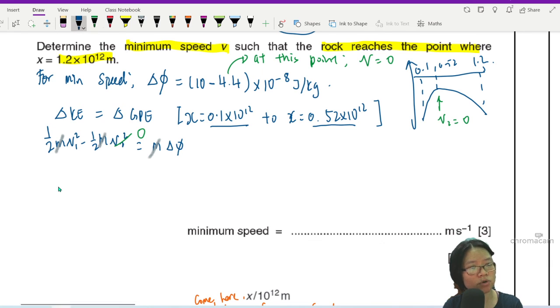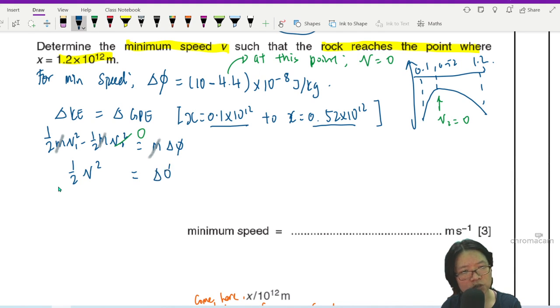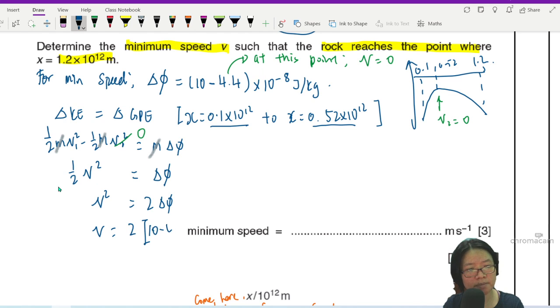So I can just take half V1 square equal to change in potential. So V square will be 2 times the change in potential, and I can substitute. What is my change in potential? 10 minus 4.4 times 10 to the power of 8.